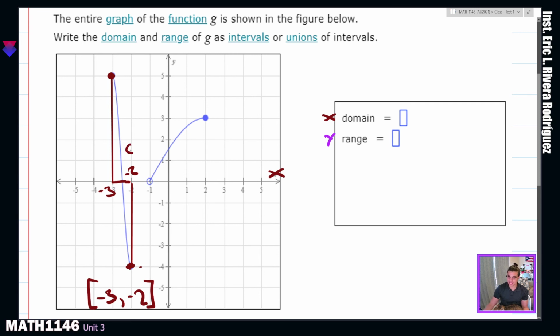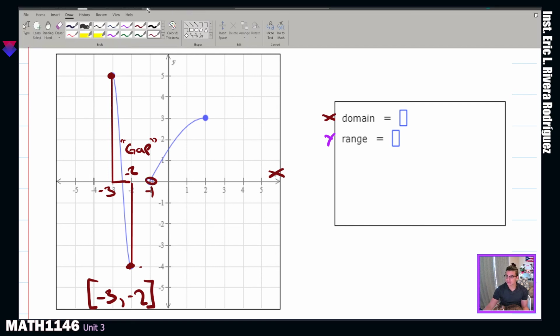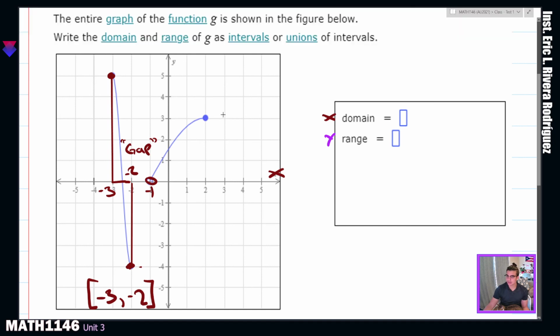Then you can see a gap, or jump in the graph. And now it starts at negative 1, with an open circle. The graph continues until positive 2, right?